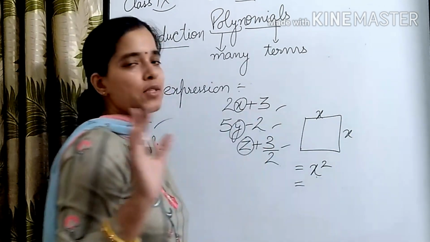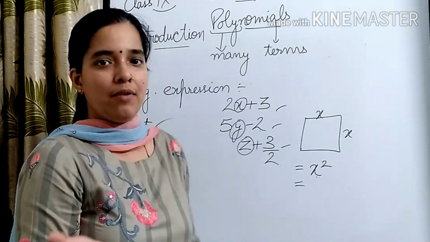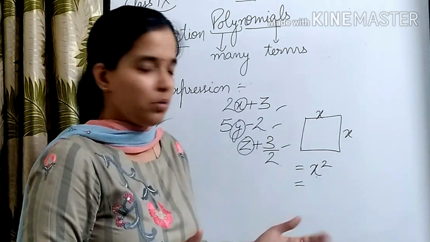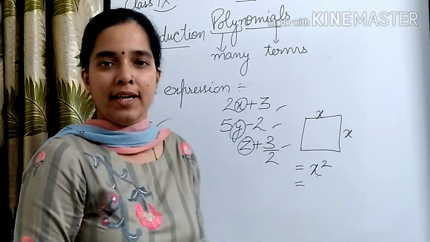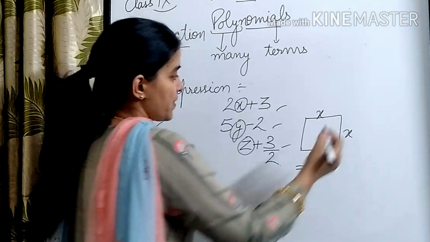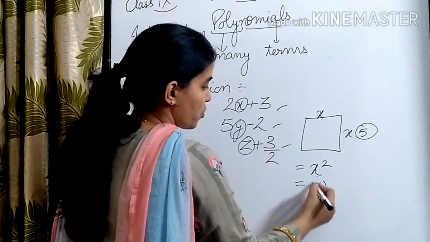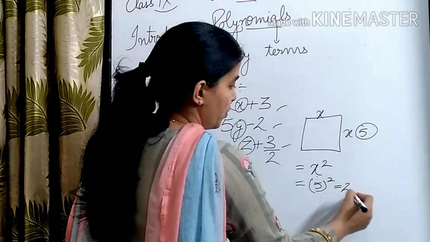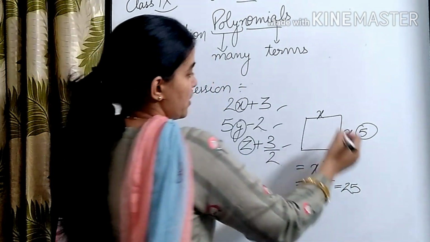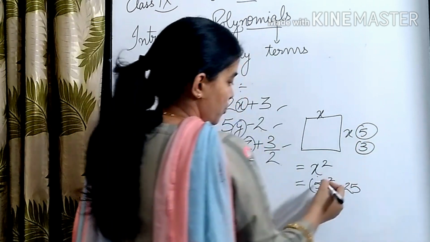Whenever you have to find the area of a square, all its sides are equal. Put the value here and you will get the answer. So suppose if the side is 5, you just put it here. It will become 5 square is equal to 25. Suppose x is 3. You just put 3.